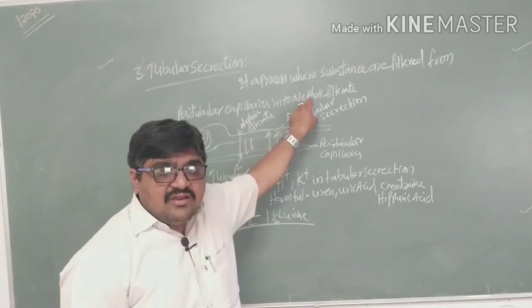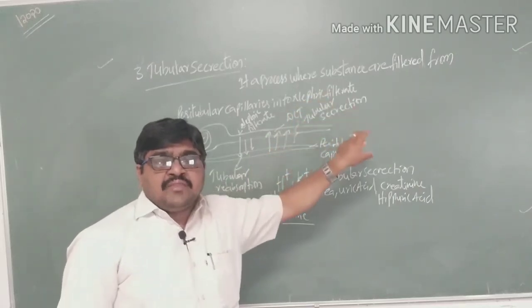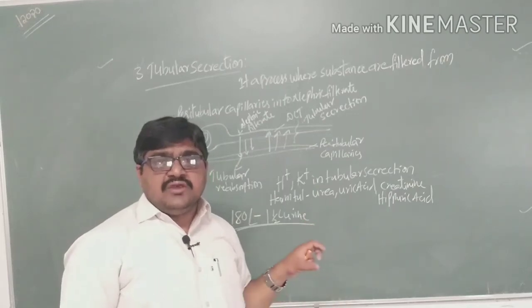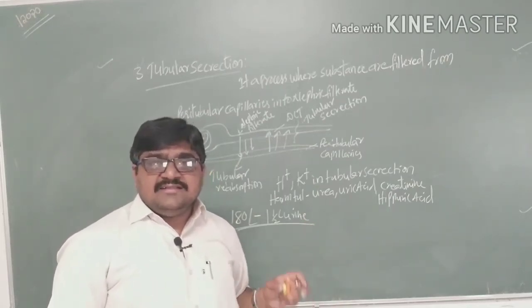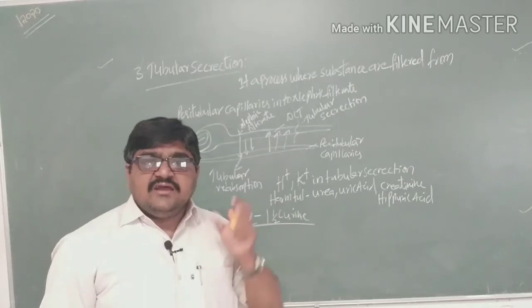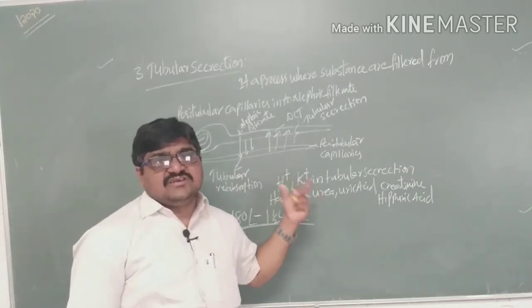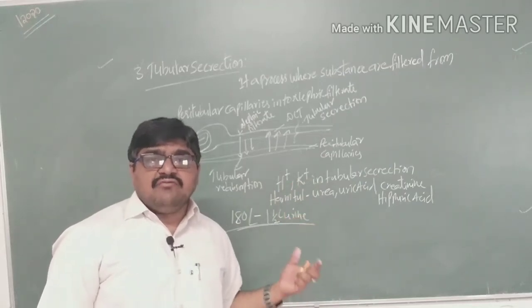From the distal convoluted tubule they are carried to the collecting duct, and from the collecting duct they are transferred to the urinary bladder, and through the urethra they are excreted outside the body. These are very harmful substances which are secreted at the end of urine formation.